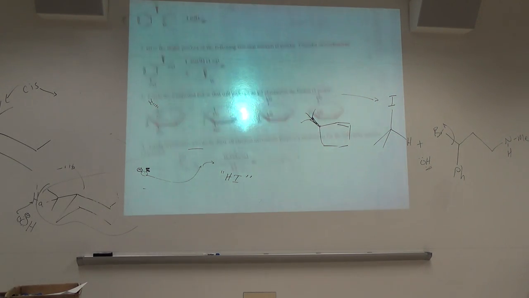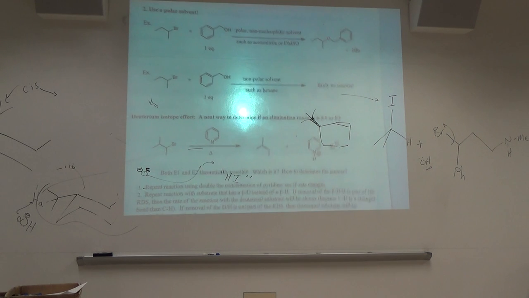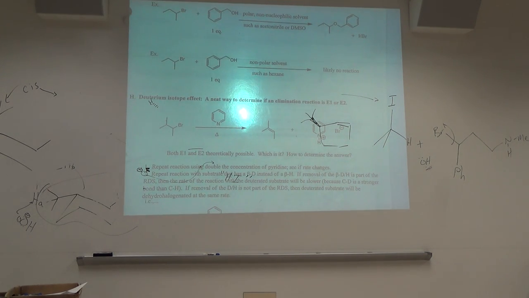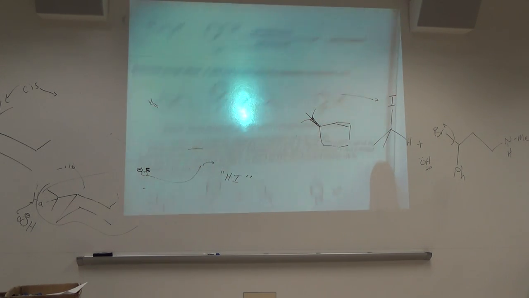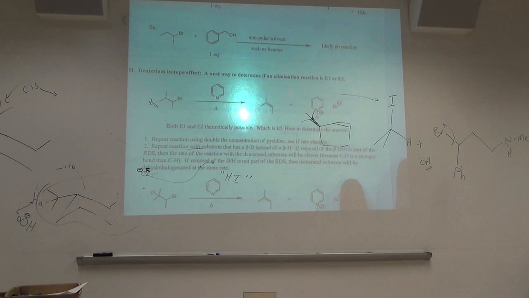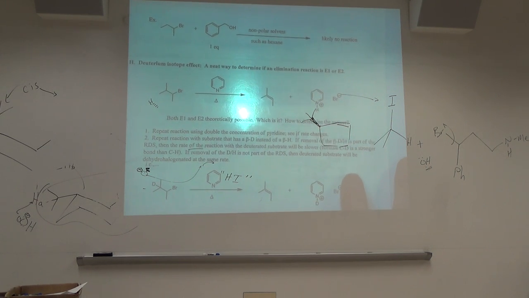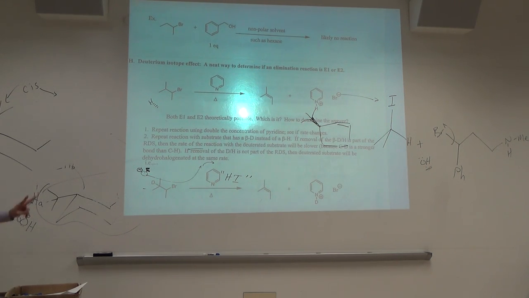Let's finish up the handout, because there's a couple of important things. Polar solvent. Makes sense? Polar solvent is going to favor ionization. Next, deuterium isotope effect. I think we introduced this. Is this E1 or E2? Two ways to tell.